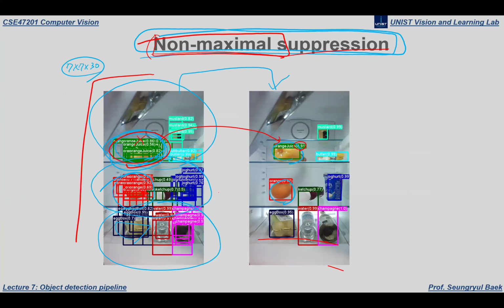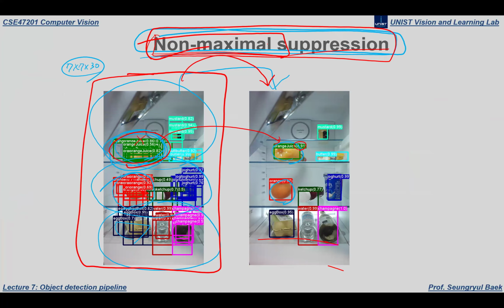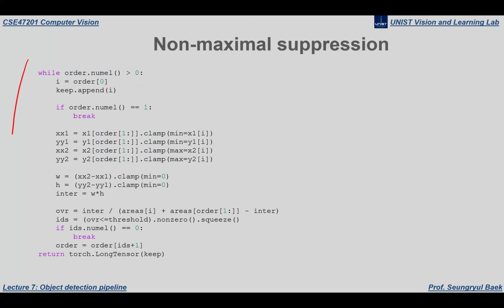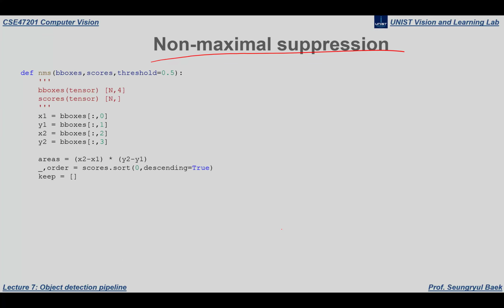And when training the network, they have this type of output, but they apply non-maximal suppression to filter out unnecessary output. That non-maximal suppression is not done by deep learning. It is achieved by this type of post-processing.